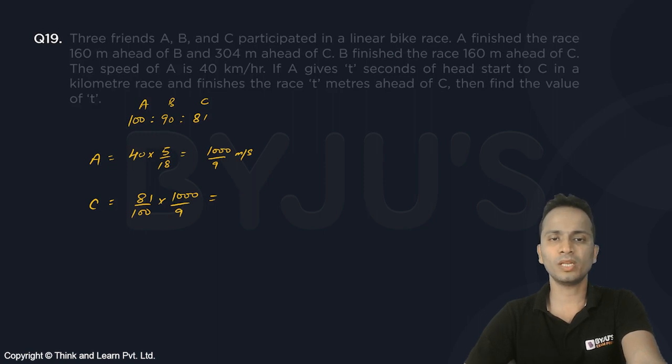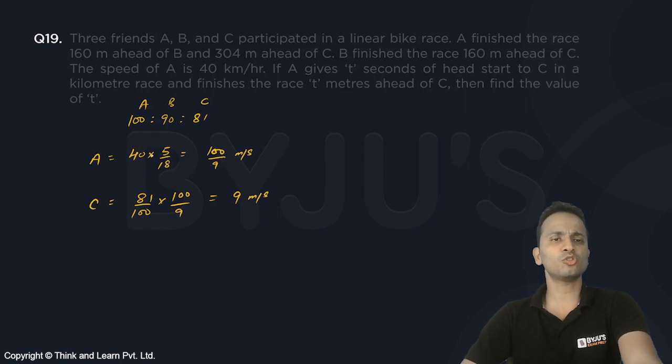And it will come out to be 9 meters per second. I'm sorry, the speed of A will not be 1000 upon 9, it will be 100 upon 9. I think I said 100 upon 9, I have written 1000 upon 9, so 200 upon 18, that is 100 upon 9, and speed of C will be 81 upon 100 times the speed of A, so it will be equal to 9 meters per second. So these are the speeds of A and C that I've calculated.